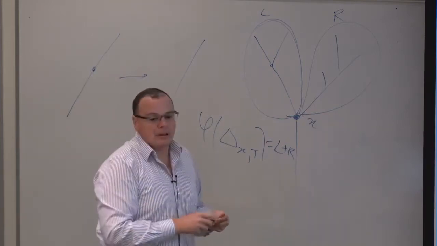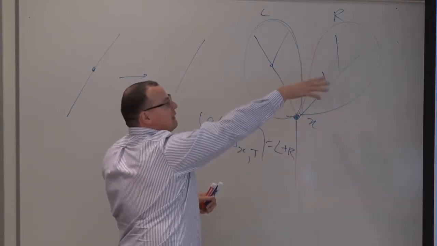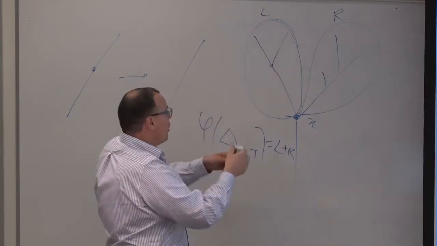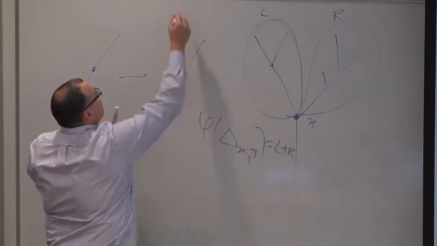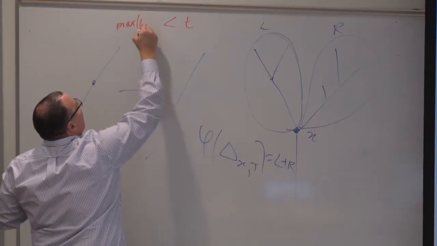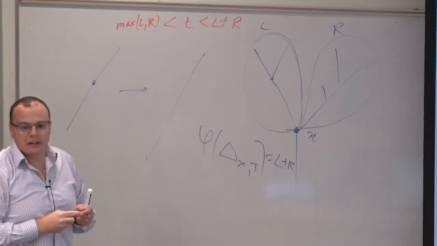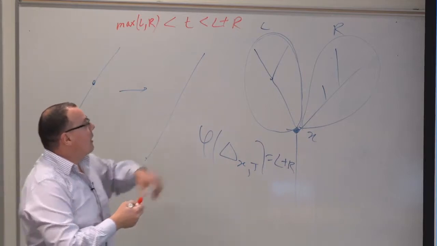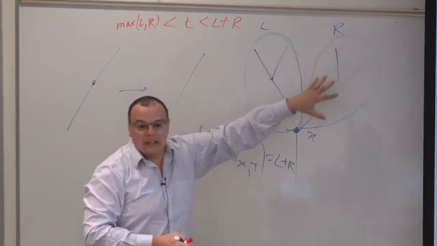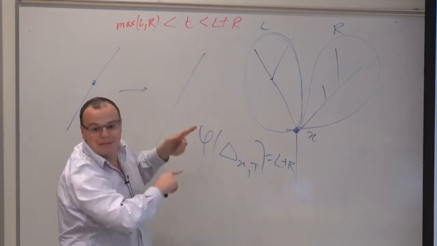So what could happen? Because we are erasing subtrees according to their length, right? If the length is less than t, then it's erased. So if you look at time t, which is bigger than the max of L and R, and smaller than L plus R, then what happened? What happened is that we erased all the points here on the left, all the points here on the right, and then we pause for that much time.